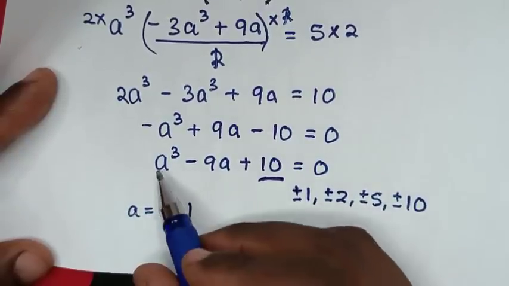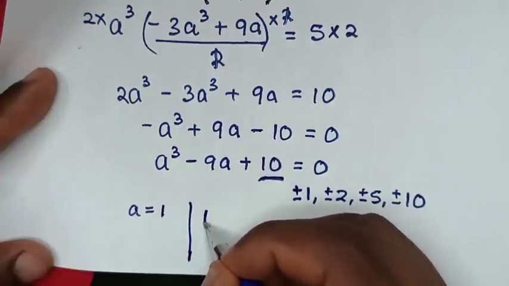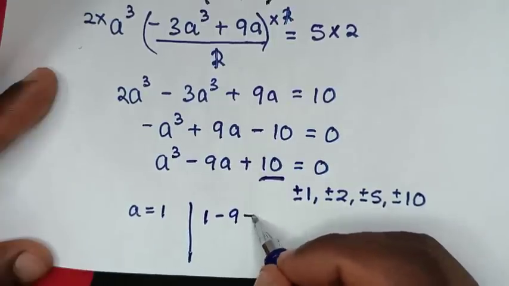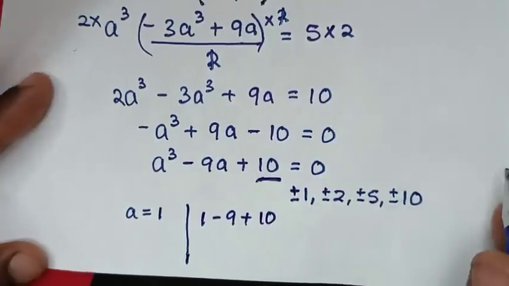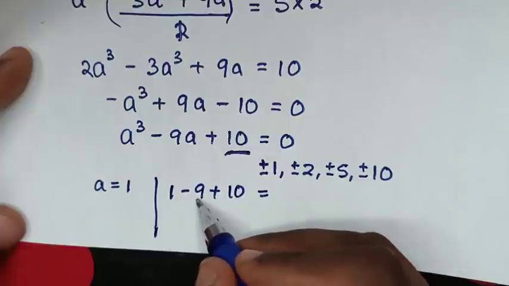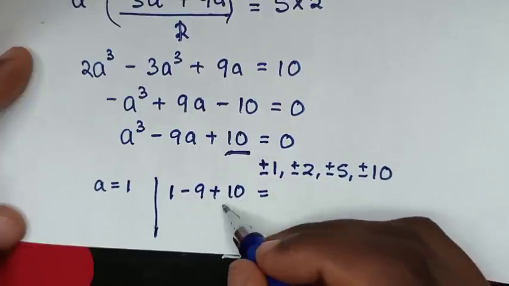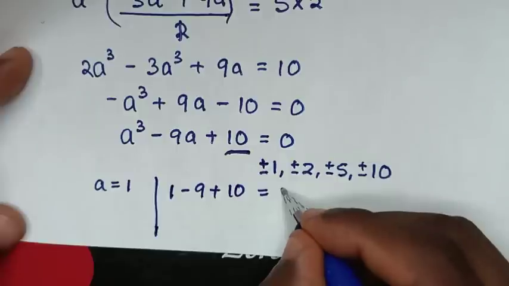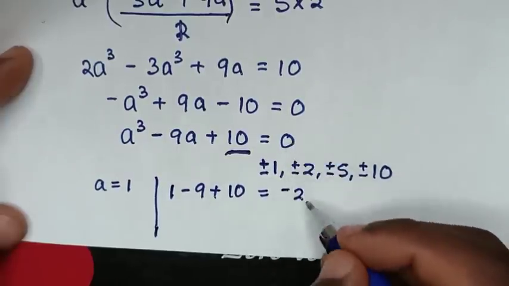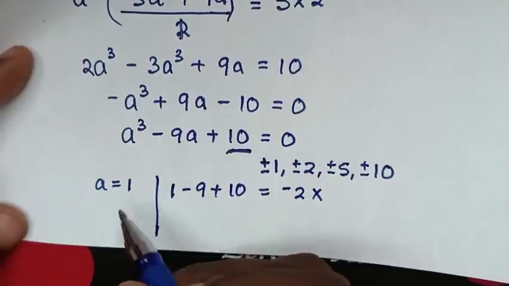So we substitute here 1, it will be 1 power of 3 is 1, negative 9 times 1 is negative 9, then plus this 10. So it will be equal to 1 minus 9 is negative 8 plus 10, it will be negative 2. Now negative 2 is not equal to 0, so this is not possible for the value of a is equal to 1.